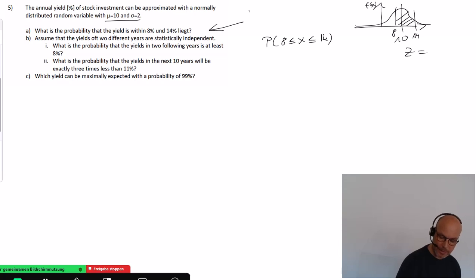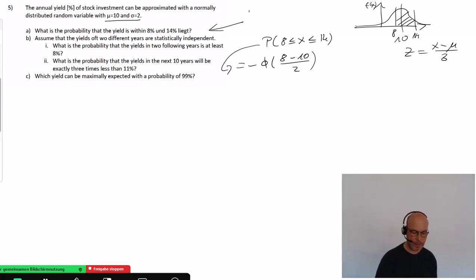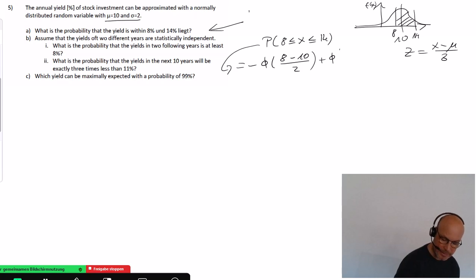Again, remember x minus mu over sigma. We obtain then phi of 8 minus 10 over 2. Sorry, the other way around, because this is the lower limit plus phi of 14 minus 10 over 2.